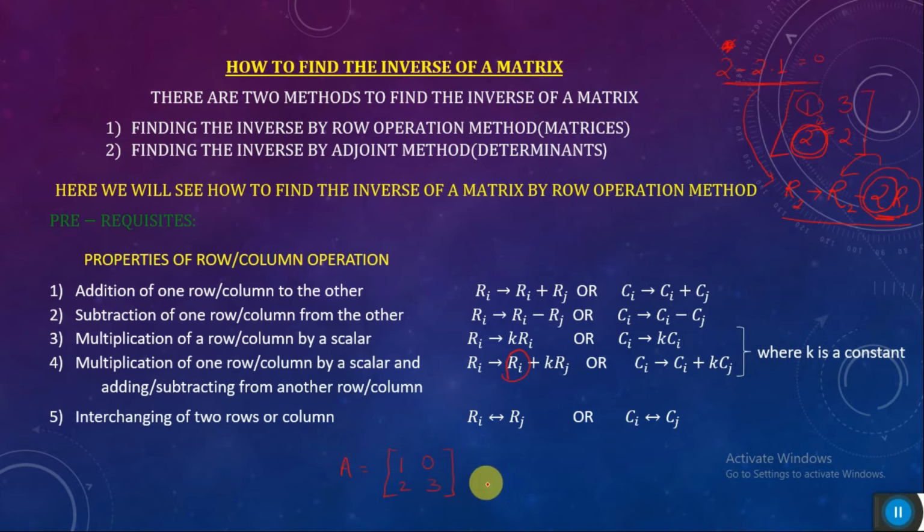You can do this: row 1 interchanging with row 2. Clear? So this will become 2, 3 and 1, 0. This is how they interchange each other. So these are the 5 operations which you need to know by heart in order to find the inverse of a matrix by the row operation method.